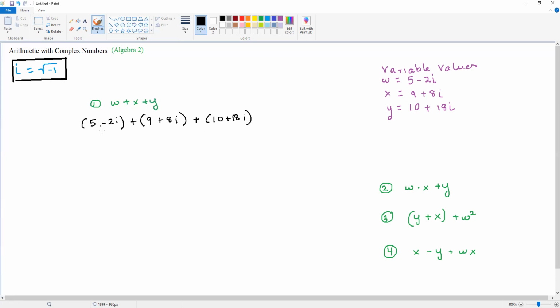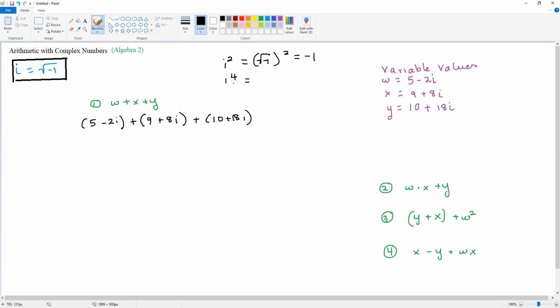Again, we usually just keep it to simplifying if we don't have any number like i squared or i to the 4th power, because i squared is equal to the square root of -1 squared, which is equal to -1.